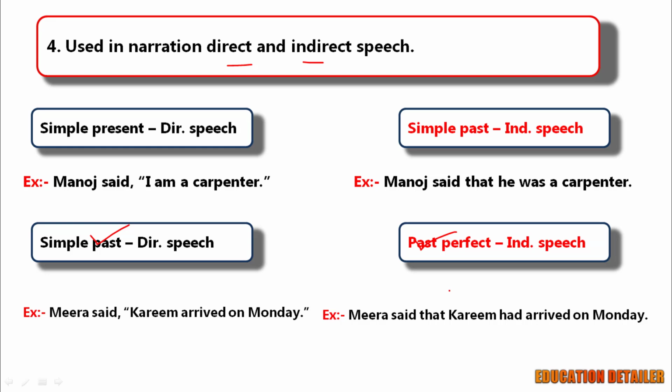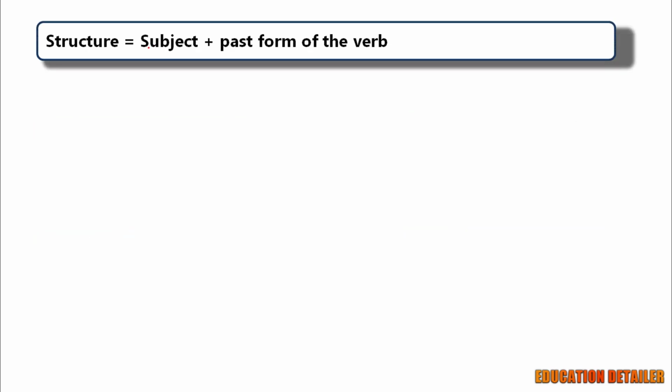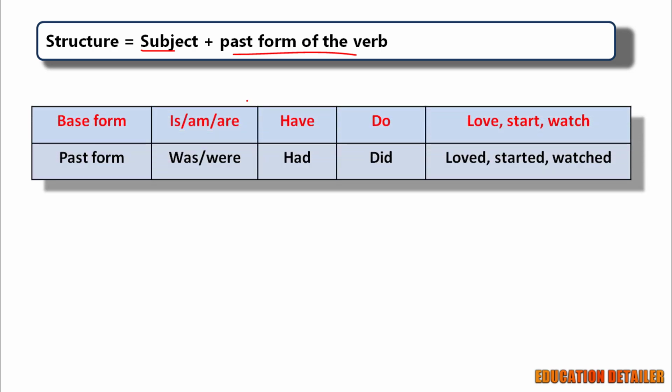After understanding the uses of simple past tense, note down the structure. Subject plus past form of the verb. Past form of is, am, are will be was and were. Have becomes had. Do becomes did.